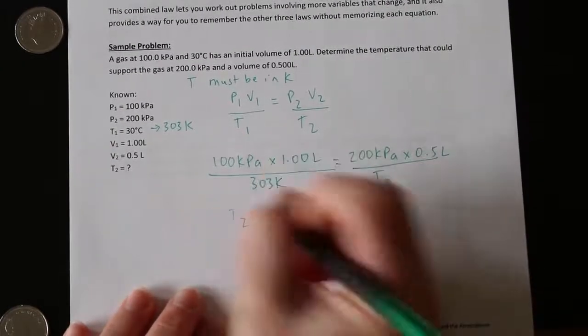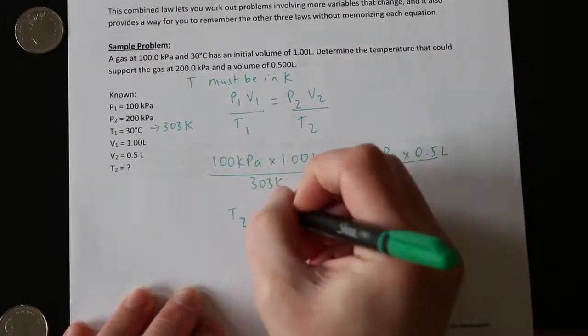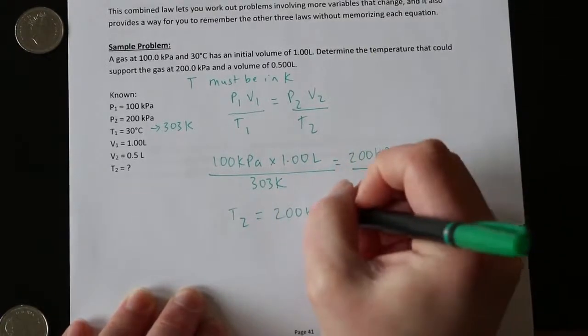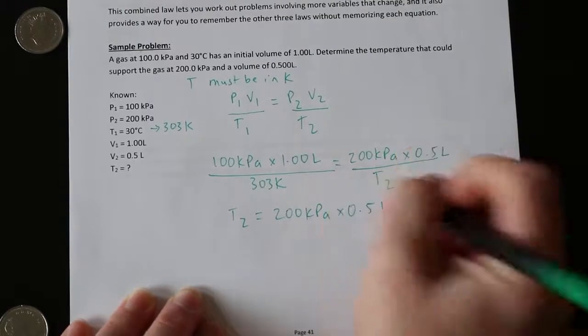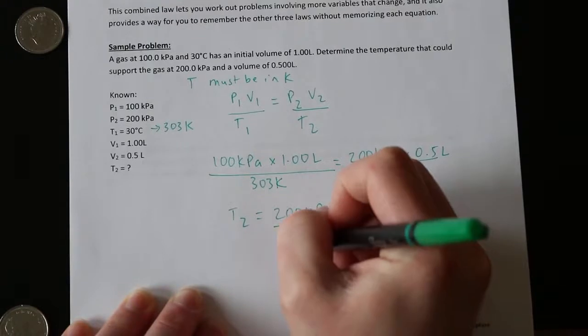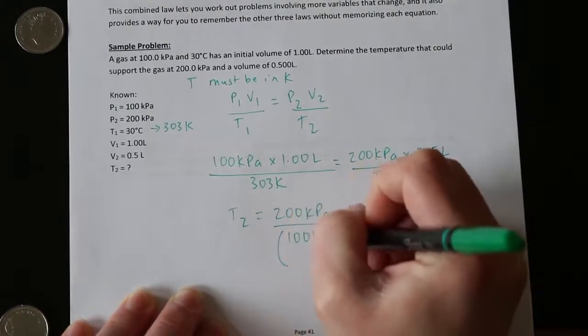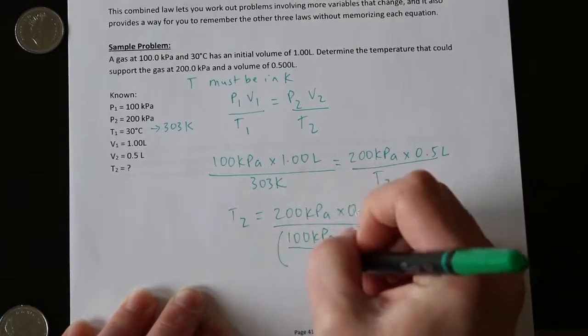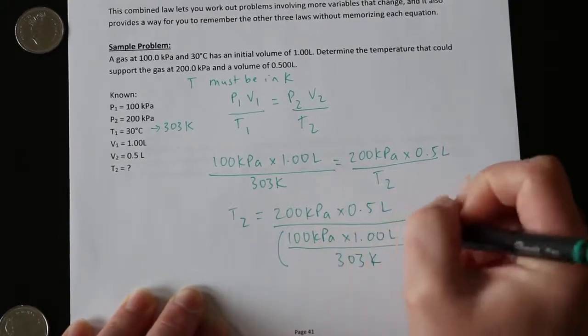So this becomes T2 equals 200 kilopascals multiplied by 0.5 liters divided by 100 kilopascals times 1.00 liters divided by 303 Kelvin.